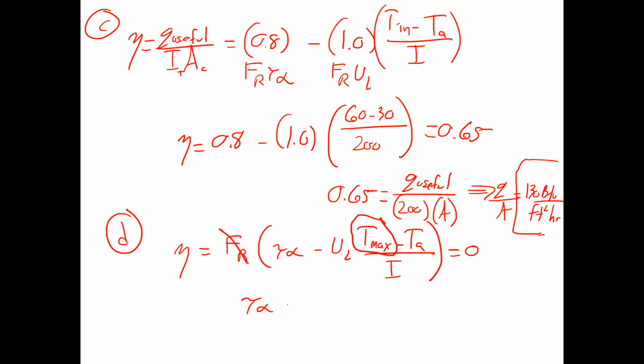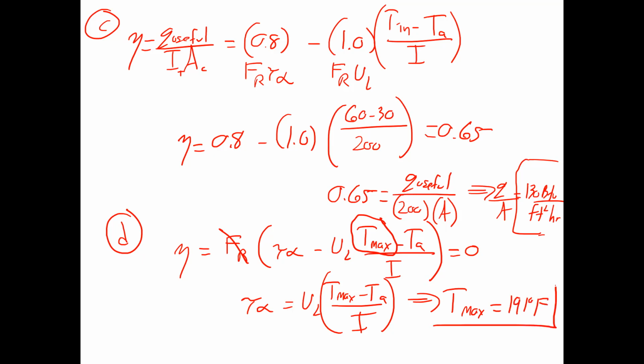So tau alpha becomes one side, and the slope multiplied by x goes to the other side of the equation. I solve for that, and I get that the collector temperature ends up becoming 191 degrees Fahrenheit.